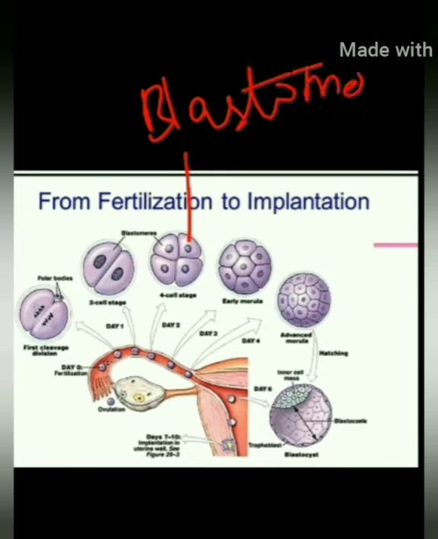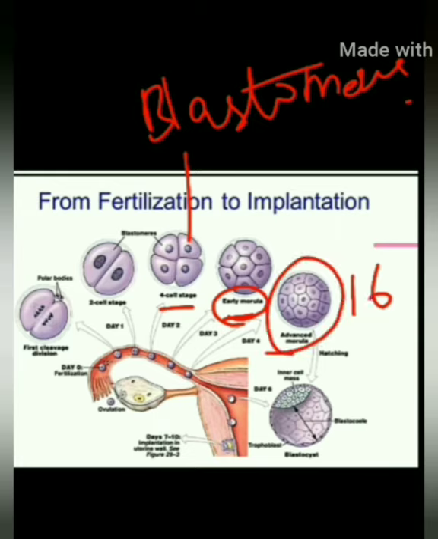Blastomeres. These further divide into the 2 and 4 cell stage, then the 8 cell stage, which is called the early embryo, and ultimately they make the 16 cell stage, which is called the advanced morula. This is a solid ball-like structure made up of blastomeres, and that is called the morula.